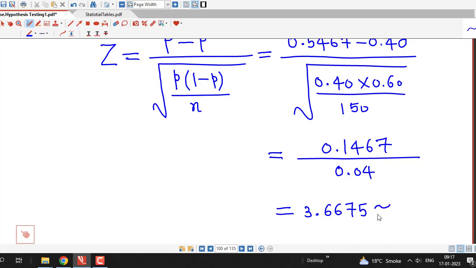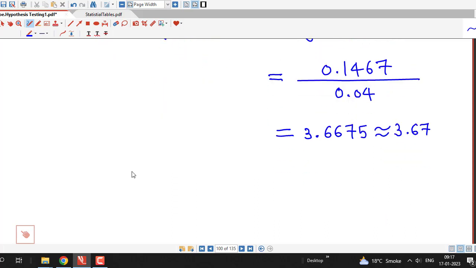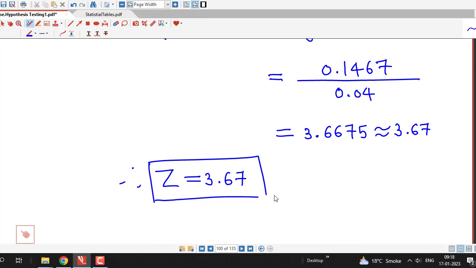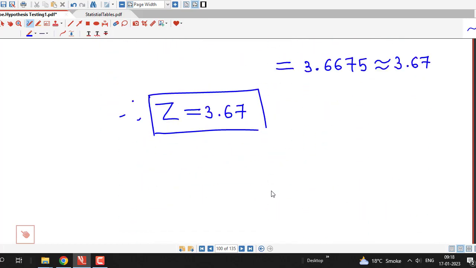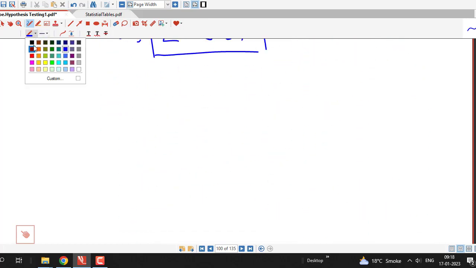If I round off up to 2 decimal places, I can write this as 3.67. So therefore the value of test statistic is 3.67.